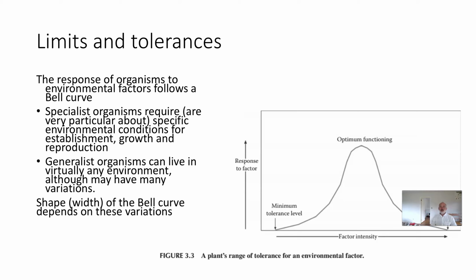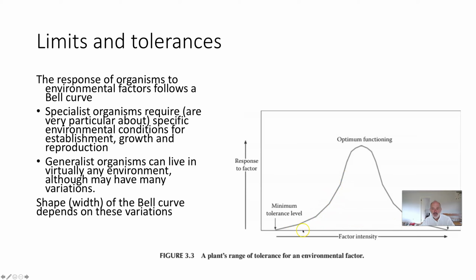You can also think about plants as falling across a spectrum that's defined, at the one extreme, by specialist organisms. Specialist organisms need a very particular set of conditions in order to grow. So you can think about this as being a very narrow bell curve.